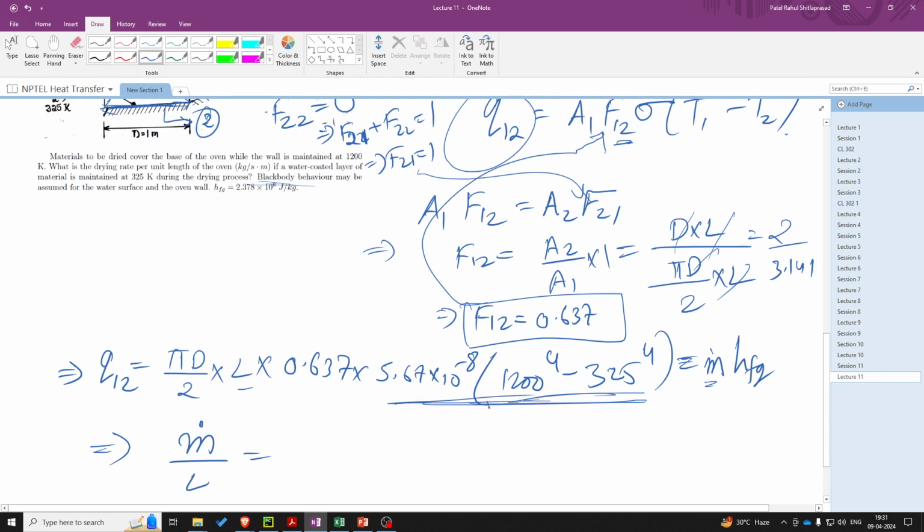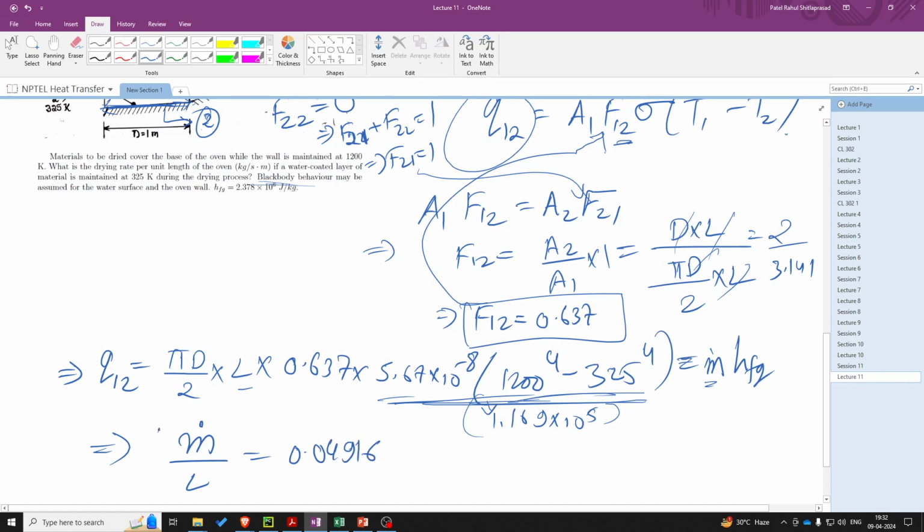So this entire term becomes 1.16, and if we divide this by the value of HFG, if you calculate this out, this will come around 0.04916.